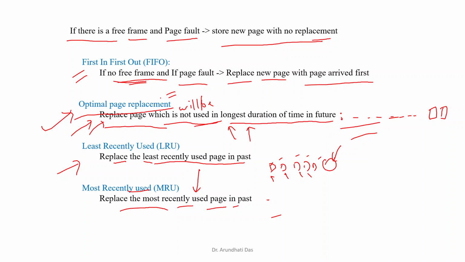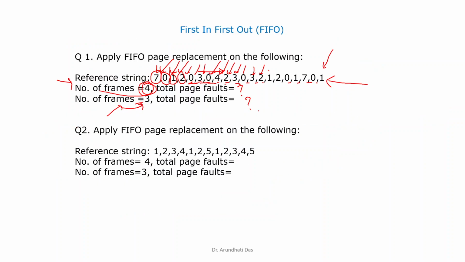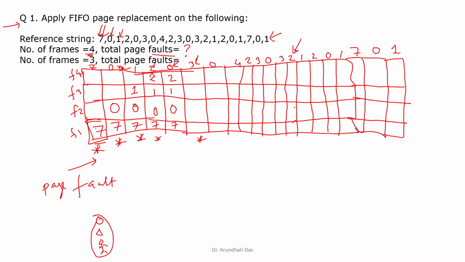Whenever a page fault occurs and there is no free frame, I replace the newly requested page with the page which arrived at the very beginning. At the beginning, which page arrived? 7. So 7 is the oldest page. It came first to my main memory.